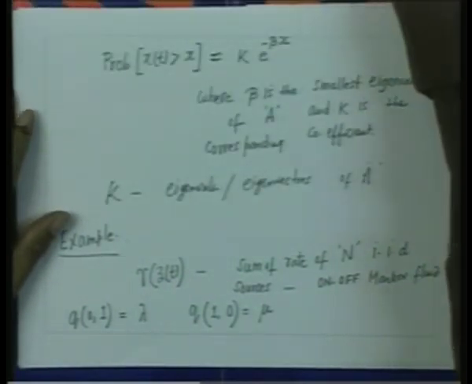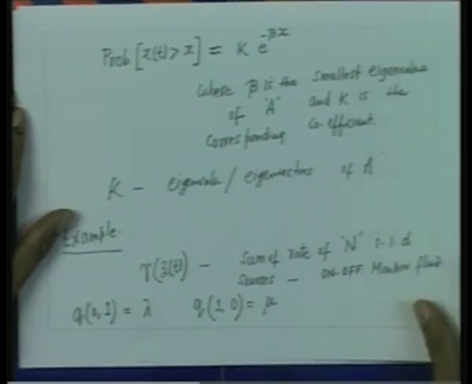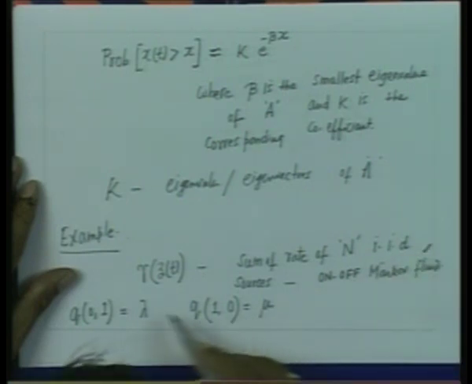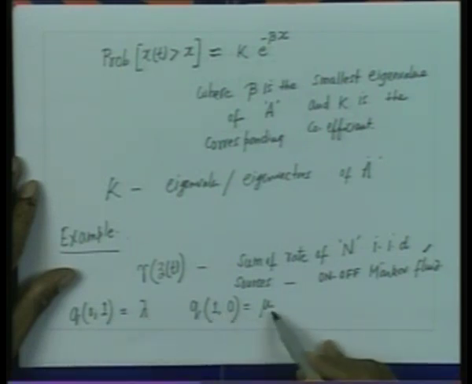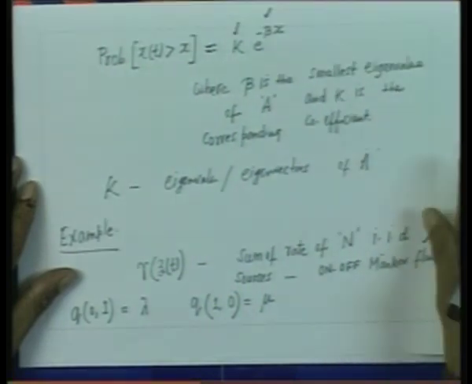Now it can be shown, and I am not again going into the detailed derivation, that when we want to multiplex the n independent and identically distributed sources, which are on-off Markov fluids, where the transition rate from 0 to 1 is lambda and from 1 to 0 is mu, we can determine the value of k and beta explicitly.